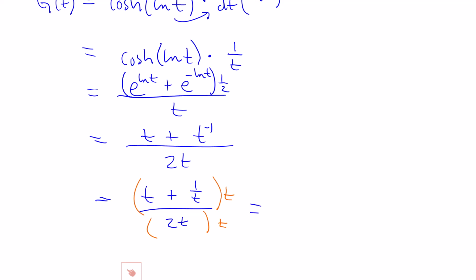To make this look a little better, if I distribute this t inside now, we'll end up with a t squared plus 1 in our numerator over a 2t squared in our denominator. And that's a more simplified result, which means we can leave it right there.